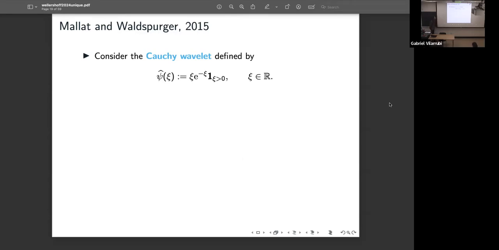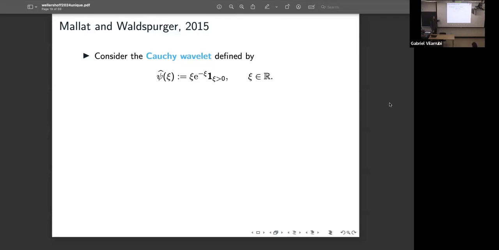What they do is they start by considering the Cauchy wavelet, which is a specific type of wavelet defined in terms of its Fourier transform. You could write it down not in terms of its Fourier transform, but its Fourier transform is very nice, so it's nice to write it down like this. And one thing that is easy to see here is that there are no negative frequencies that come up inside.